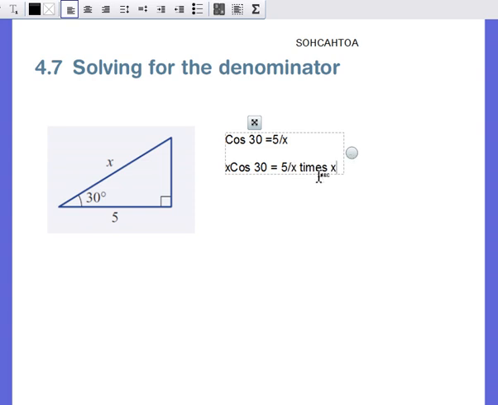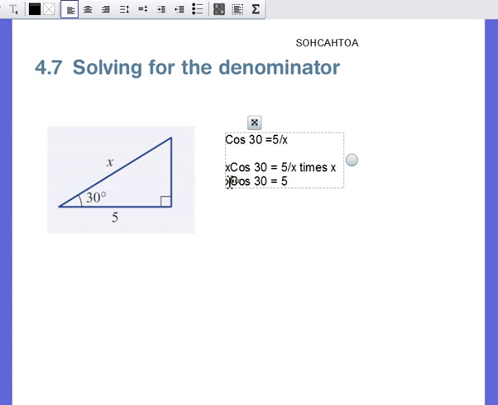If I've got divided by x and times x, they cancel each other out. So the left hand side is still x times cos 30, but now the right hand side is just equal to 5. So we've got rid of the divided by x on the bottom there.